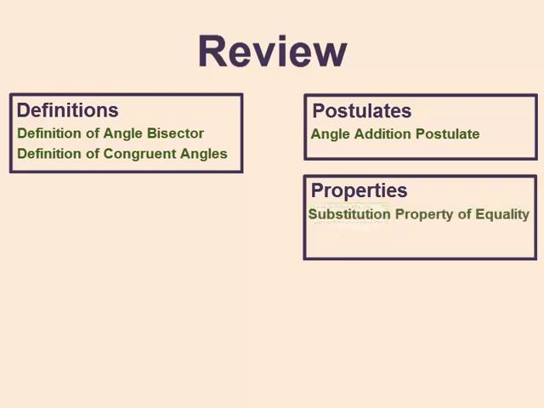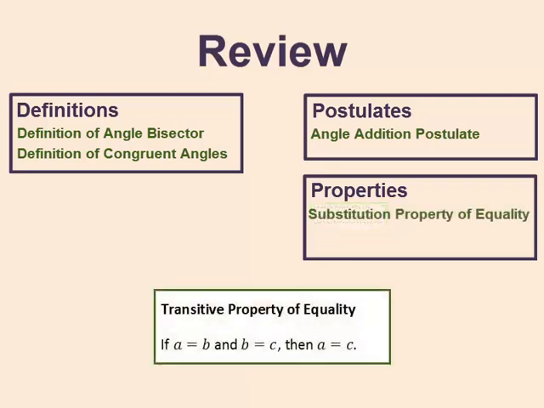And the other is the transitive property of equality, which looks frankly a lot like the substitution one, but it's a little bit different. It states that if A equals B and B equals C, then A must equal C.